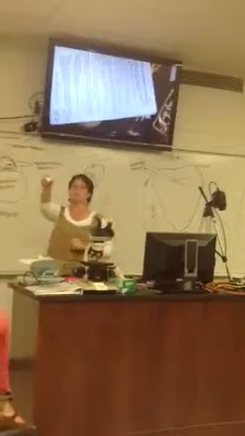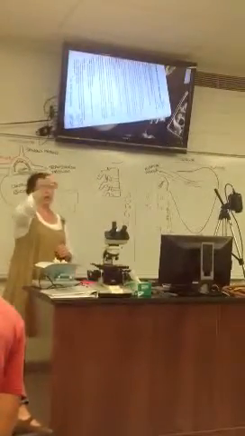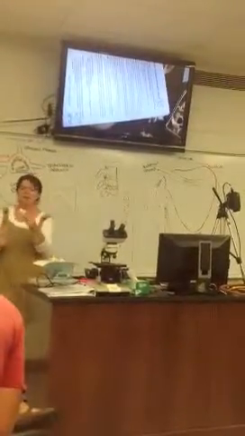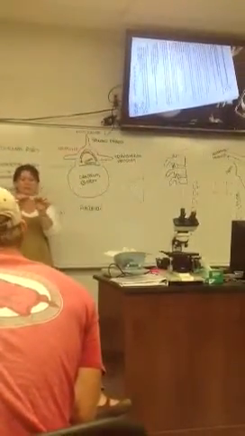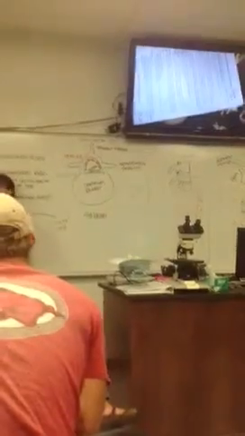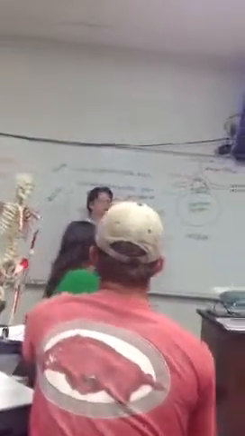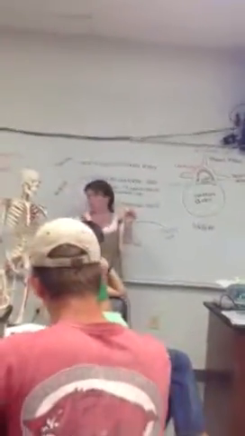On the thoracic vertebra, he wants you to see that they look like a giraffe. Now tell me it doesn't look like a giraffe. It does. Looks like a giraffe. On the thoracic vertebra, he wants you to realize that there are articular facets on the transverse processes.